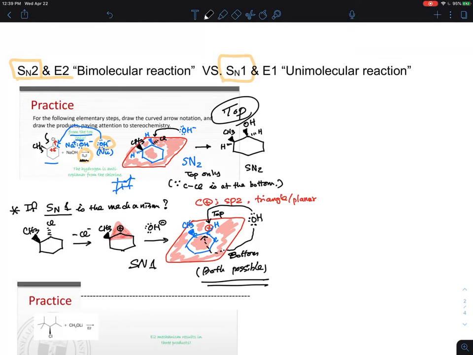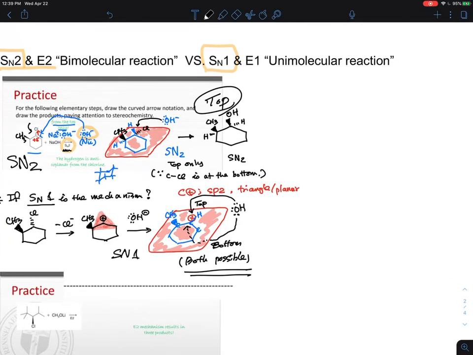If it were the SN2 mechanism, this top is SN2, the bottom one is SN1, where you develop the carbocation first, and by doing so you will have this notation now. The double bond, methyl sticking out, fine. So you can visualize the plane defined by the cyclohexane ring, and this OH is forming the bond from the top.